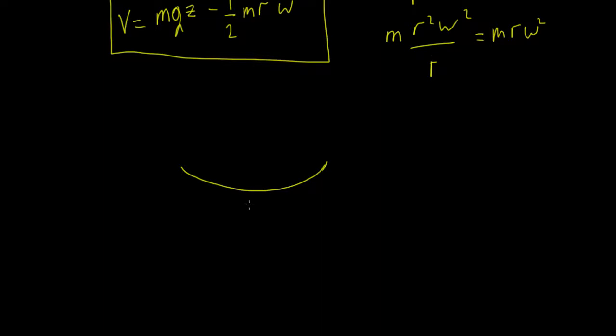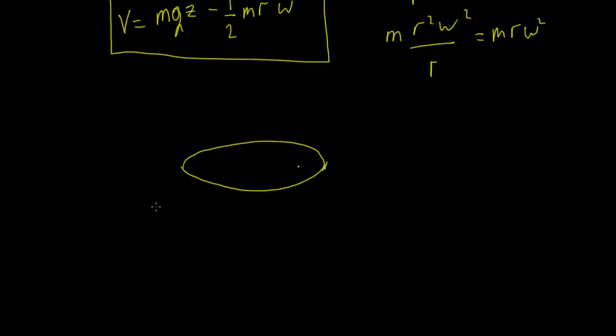If you're keeping the angular velocity constant, eventually this will find an equilibrium point. So the surface will be a curved surface, but it won't be moving. It won't be changing shape. It'll have a fixed shape. So if it is a fixed shape, it means that all of the forces at that point must be balanced.